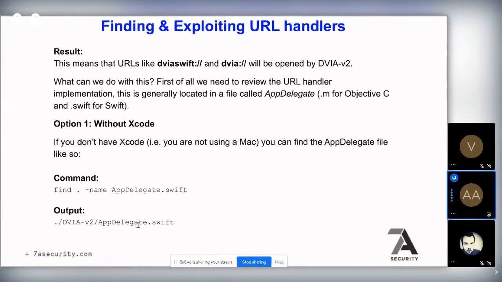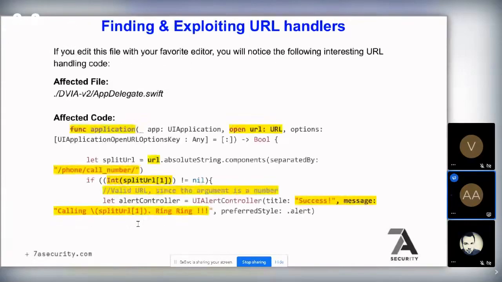And then you just take a look there. In this case, we have the function application open URL with the URL parameter. And here we can see that this is splitting the URL by a string called /phone/call number. So it's taking the URL and splitting it based on this, right? What this is doing is similar to explode in PHP.